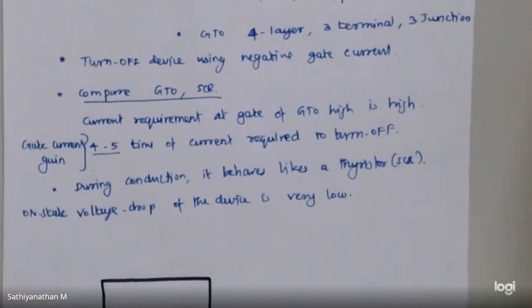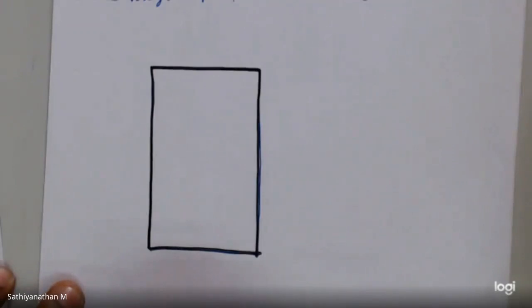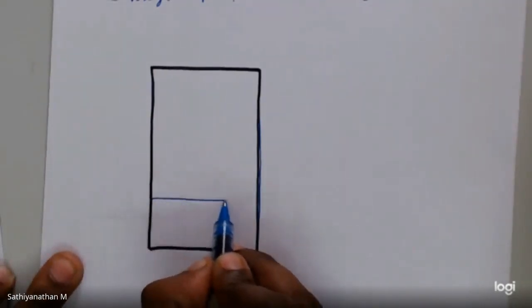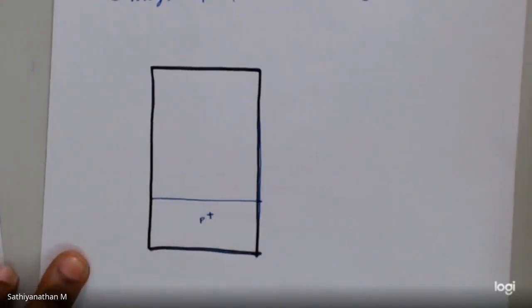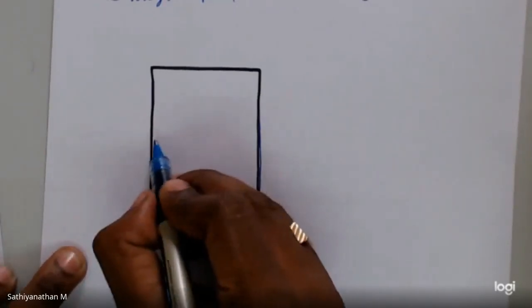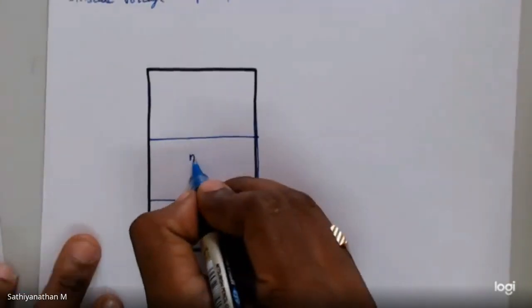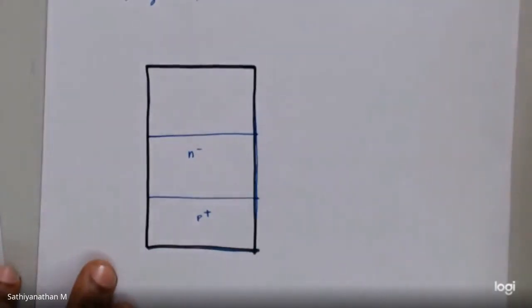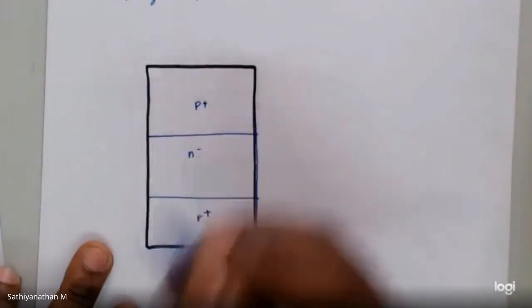Okay. So if you look at the internal structure, this is your base layer, a P plus base layer, over which we are forming an N minus layer, and over which we have a P plus layer.